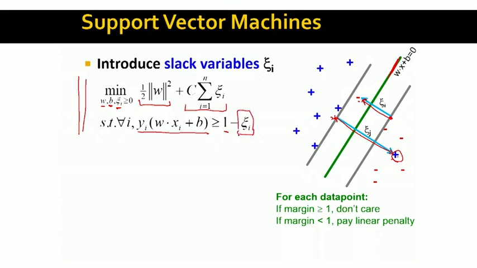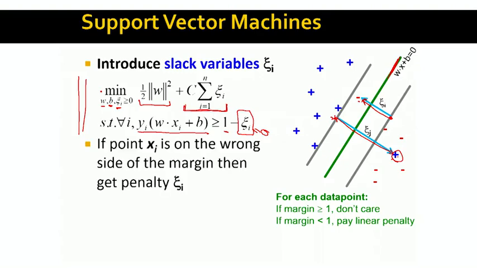So whenever our example is correctly classified, our confidence will be greater than 1, and in that case we will be able to set the value of psi to 0. Otherwise, we will have to set the value of psi to some non-zero value, which means we will incur some penalty in the optimization problem.